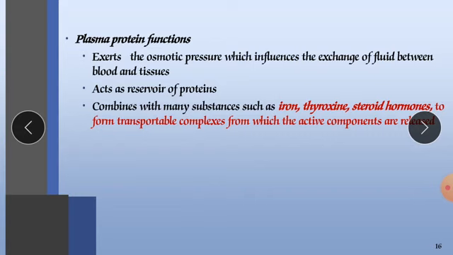The liquid part is plasma, 55%, and the solid part is the formed elements, 45%. We have formed elements like RBC, WBC and platelets. RBC are near about 4.5 to 5.5 million per mm cube, WBC 5 to 10,000 per mm cube, and platelets 1.5 to 4 lakhs per mm cube.